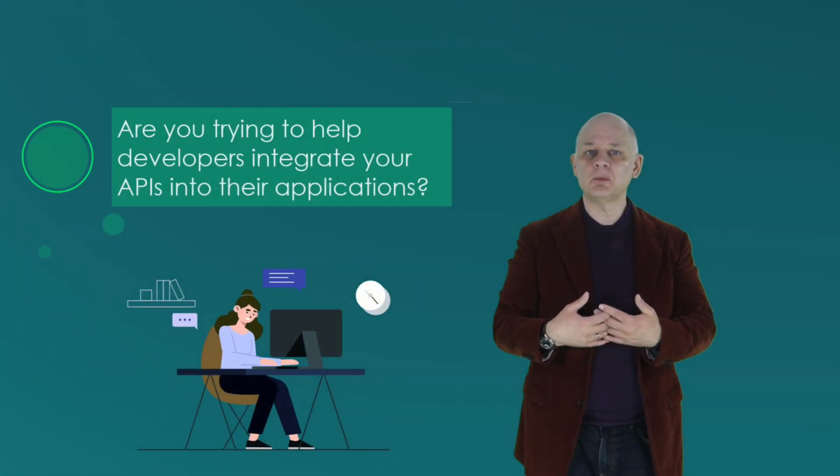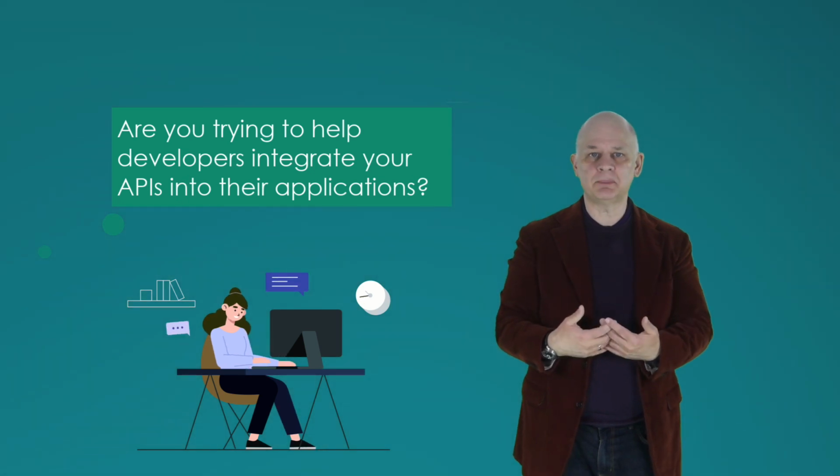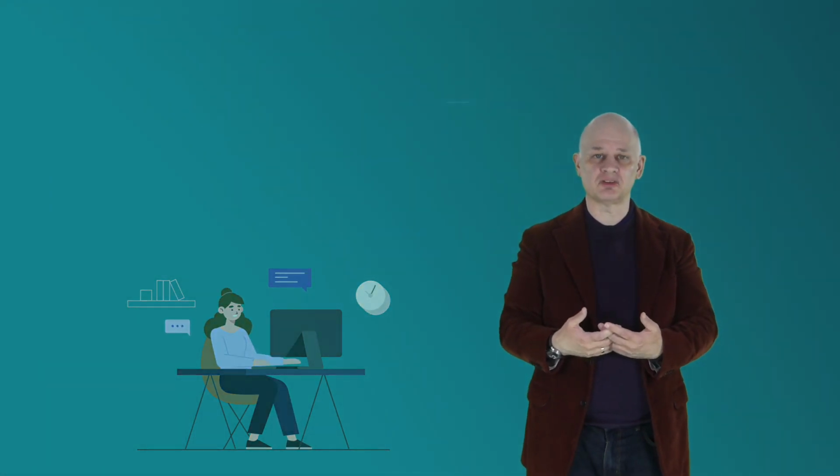Are you trying to help developers integrate your APIs into their applications? Knowing this will help you identify the areas that will require attention. It will help you prioritize your efforts, and it will also help you plan the content and structure your documentation.